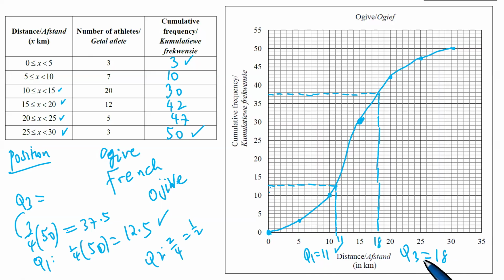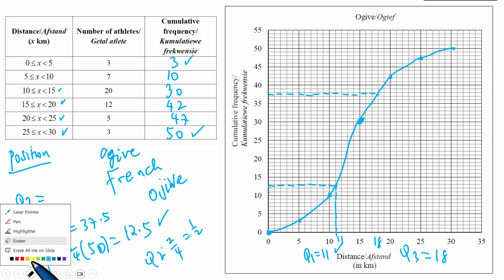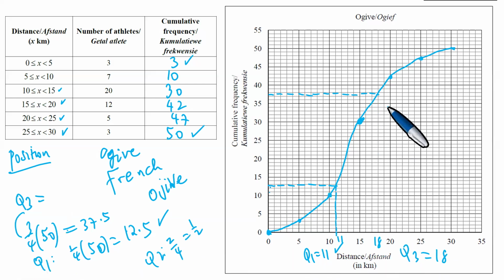It's not very exact. It's close to 18, but it's not. Using your ruler, because it's just here. I'm going to check the charts. So it's not very accurate.